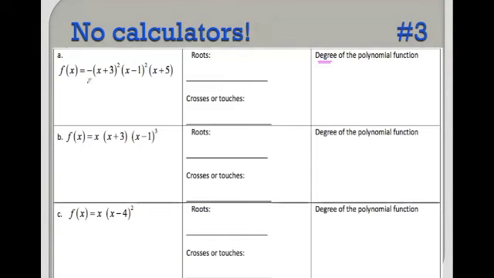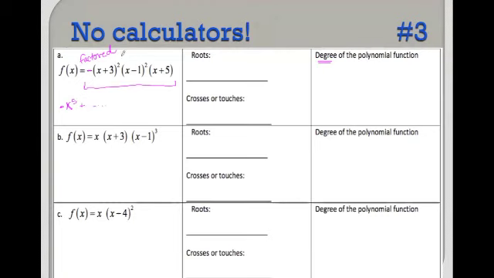If I expanded this out and wrote it in standard form, I would end up with my highest power being an x to the 5th power. In fact, because there's a negative sign here, I know it would be a negative x to the 5th plus so on, so on, so on.